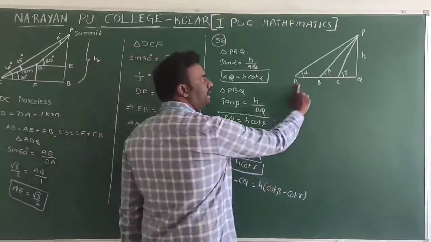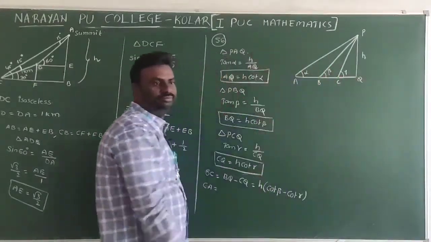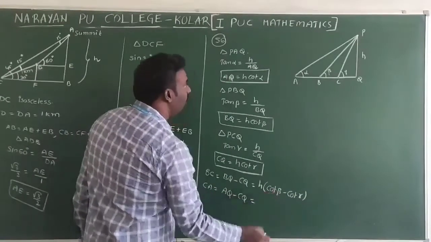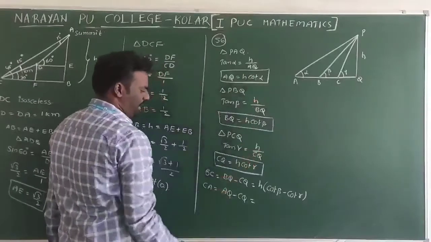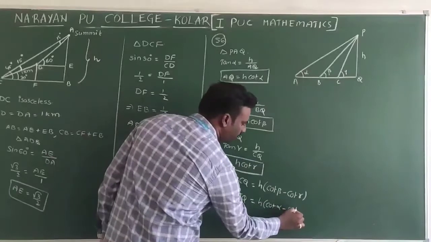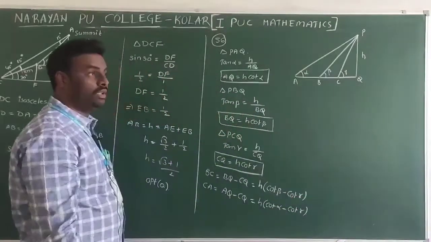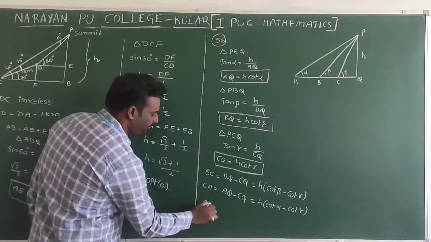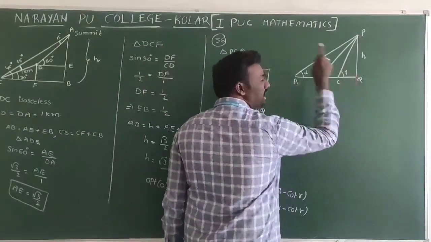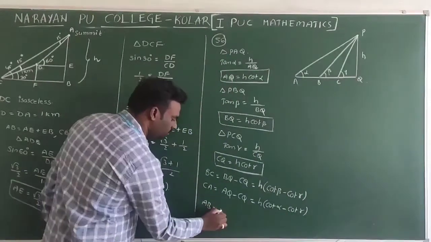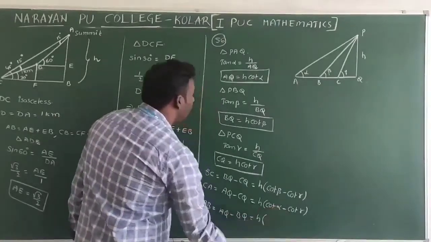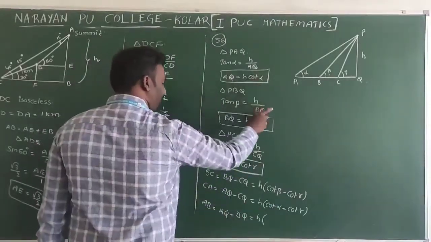Now you can write AQ minus CQ. If you take H common, cot alpha minus cot gamma. Next, I am finding AB. From the diagram, AB can be written as AQ minus BQ. If you take H common, cot alpha minus cot beta.